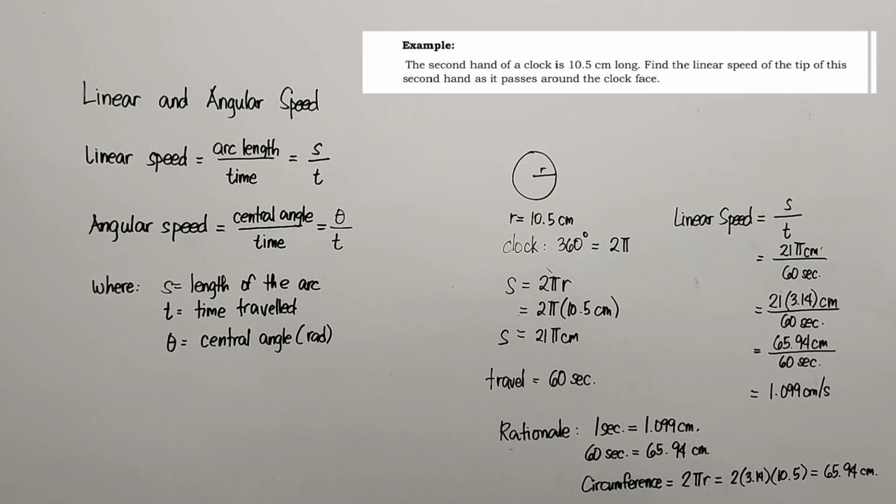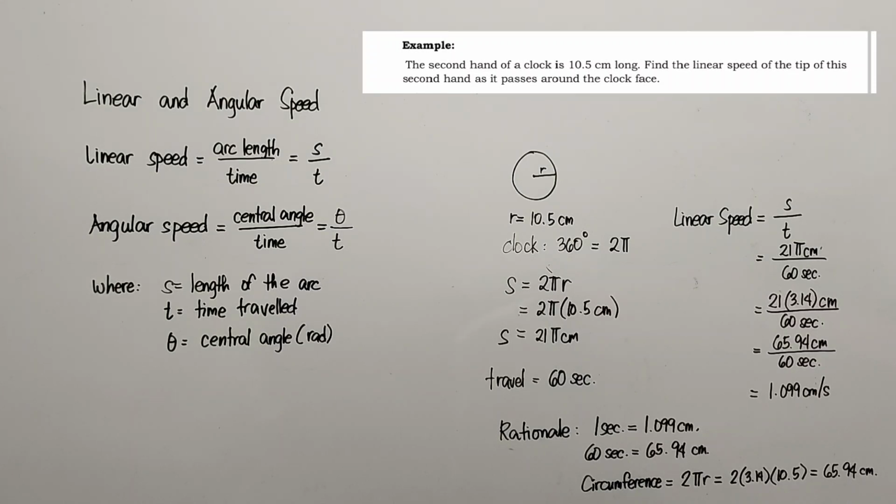Multiplying 3.14 and 10.5, the product is 65.94 centimeter, which is the same as our derivation of the 60-second arc length, or the entire length traveled by our second hand. So there is a connection between the linear speed as well as the circumference.